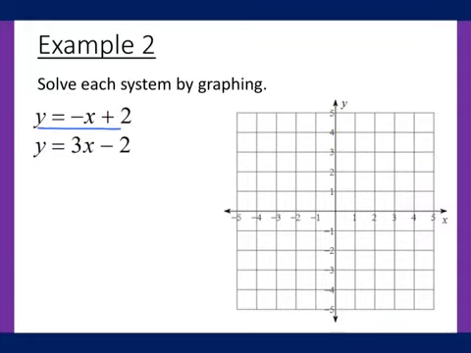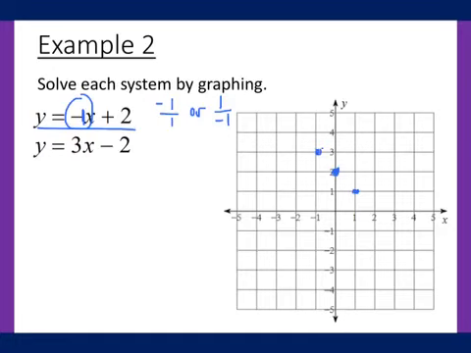Now, graphing this first one, I have 2 for the y-intercept, which is where I start. -x, okay, remember what's in front of x if I don't have a number there? A 1. So if I have a slope of -1, it could be -1 over 1, or it could be +1 over -1. Either way, down 1, right 1 would be the first way, up 1, left 1 is the second way.